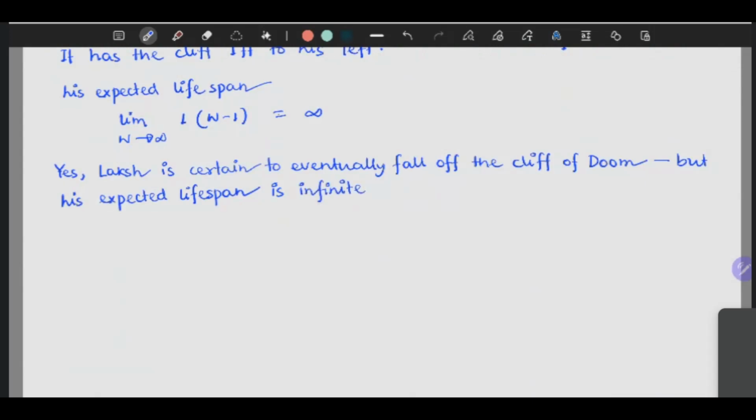That means when it will happen, nobody knows, right? So now you will be puzzled. First you said that he will eventually fall to the left with probability 1, but now you are saying that the expectancy is infinity. So sort of this is contradicting, right?